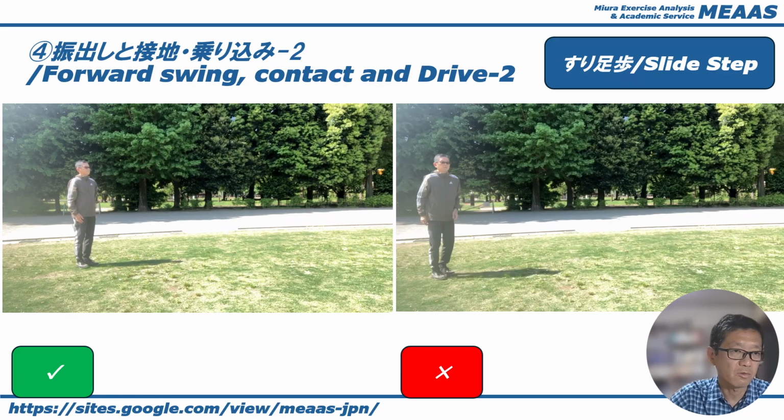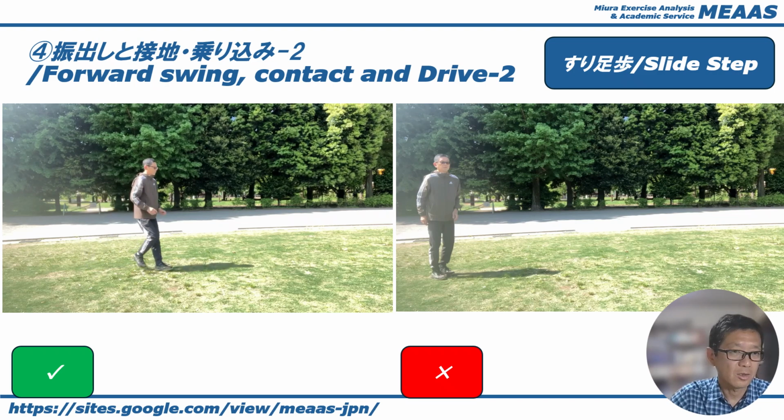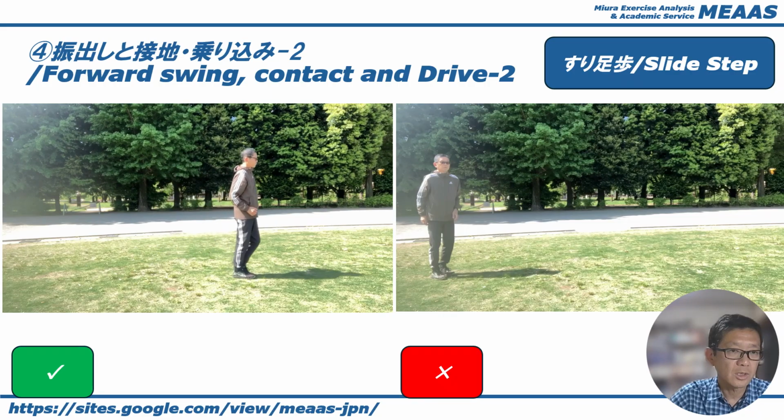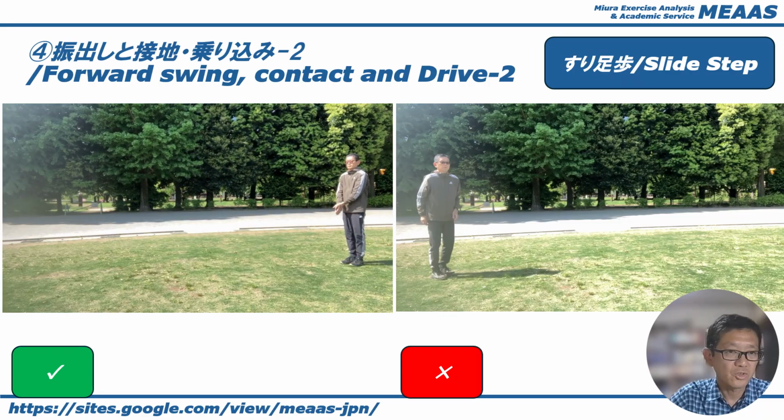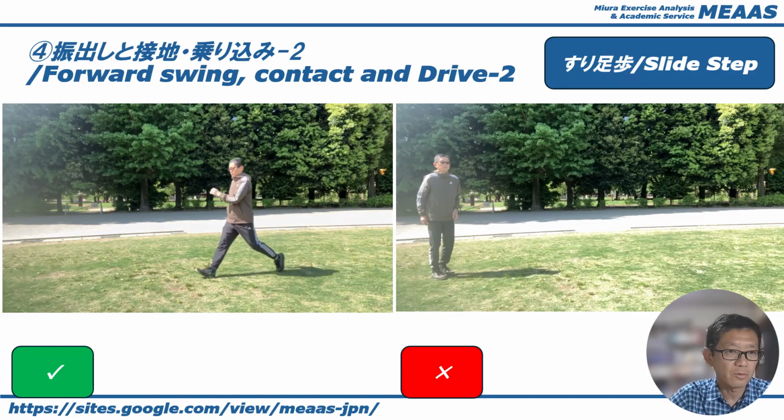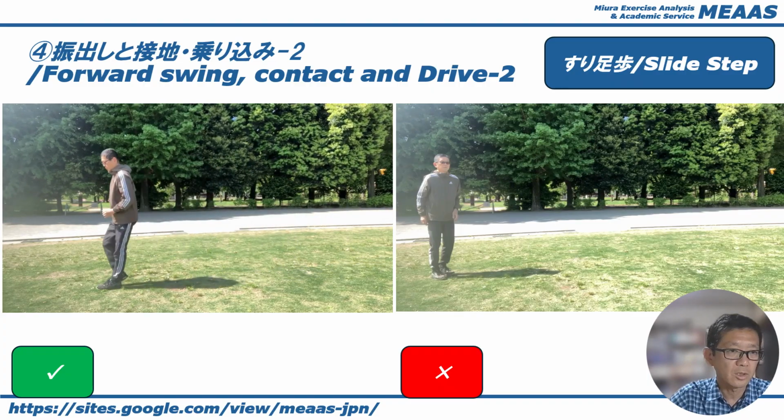Imagine a straight line. It is not necessary every time in that kind of exercise. Sliding a foot and drive. Imagine the straight line and sliding a foot and slide and contact and drive.